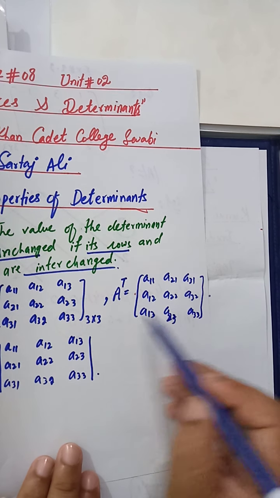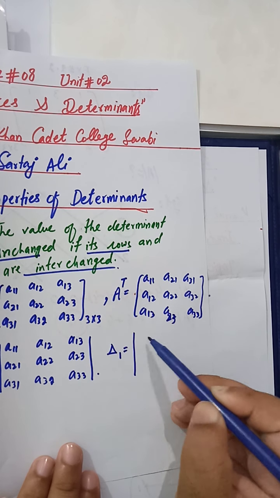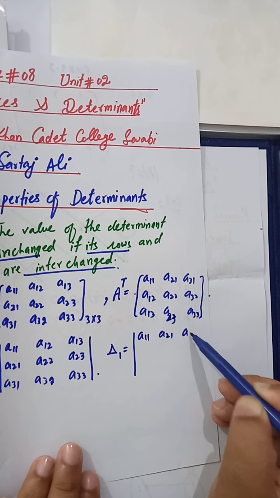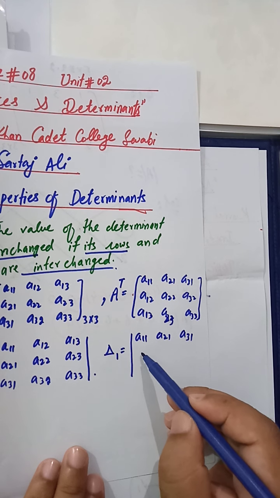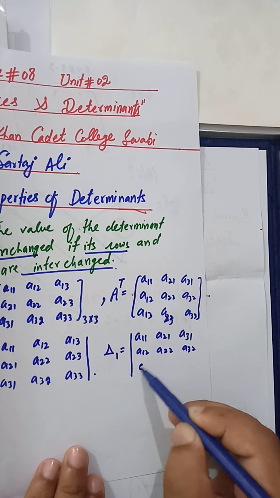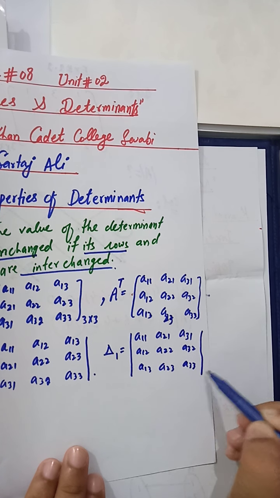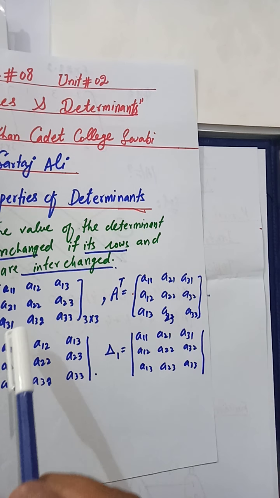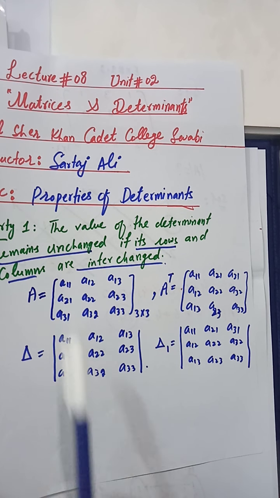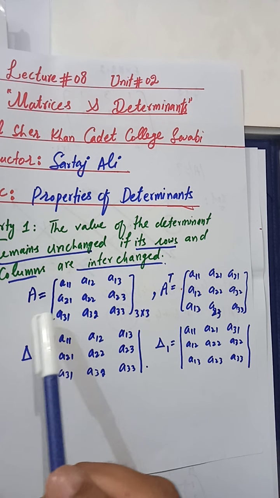Let's say the determinant of this matrix is denoted by delta 1. The square bracket signs will be changed into bars. Now you see this is the given matrix A, and the determinant of this matrix is denoted by delta.